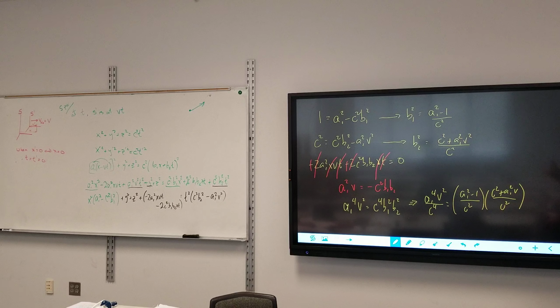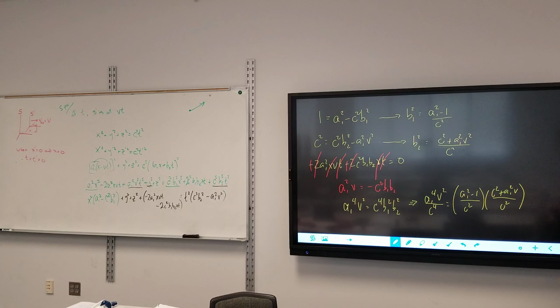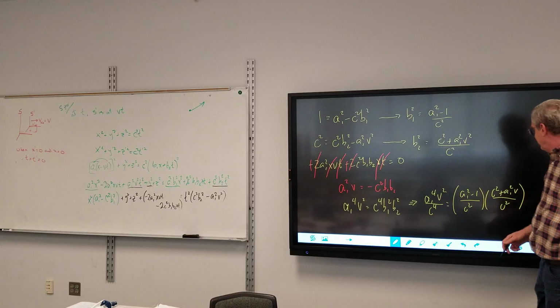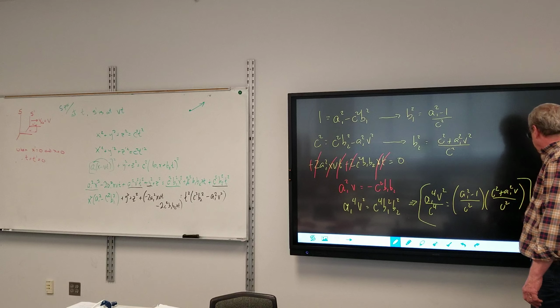So I now have one equation, one unknown. I can solve for a1 easily enough. First off, if I multiply both sides by c to the fourth power, my denominators go away. So if I multiply everything here by c to the fourth, then that will cancel out with the two c squareds there and the c to the fourth there.